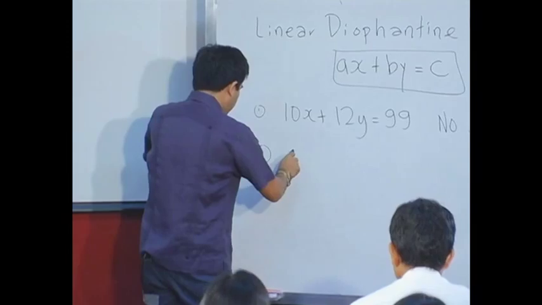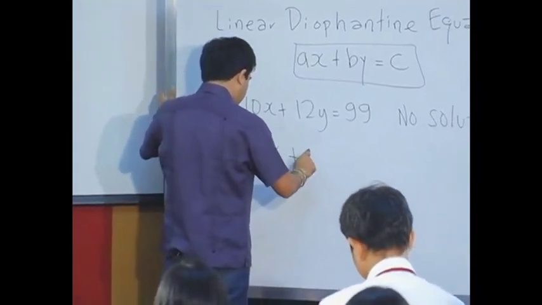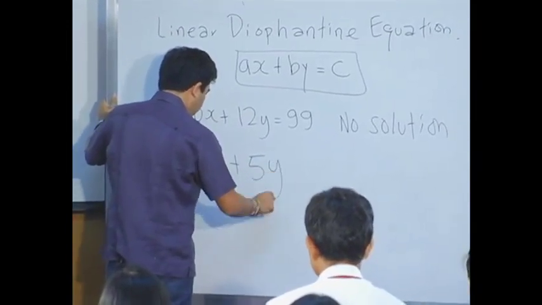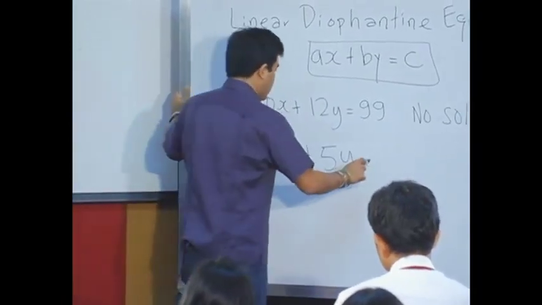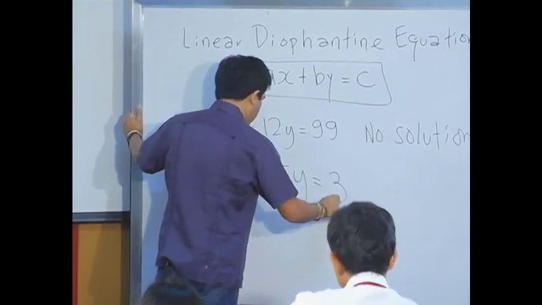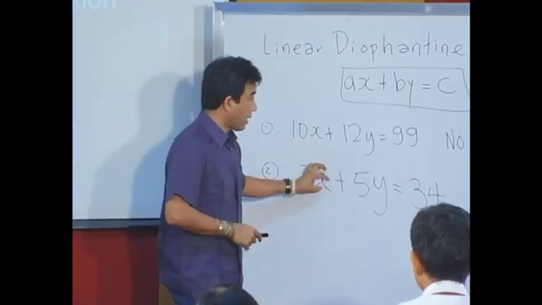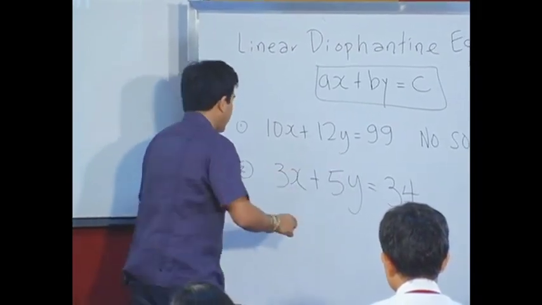How about 3x plus, let's say, 5y is equal to 34. Can you think of a solution? x is 8, y is 2? Yeah, that's one solution.